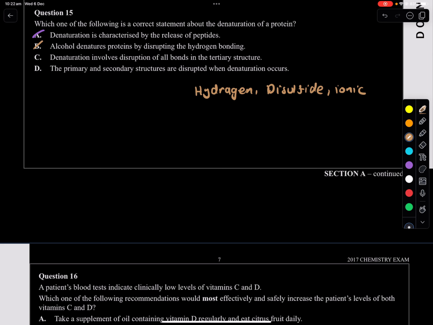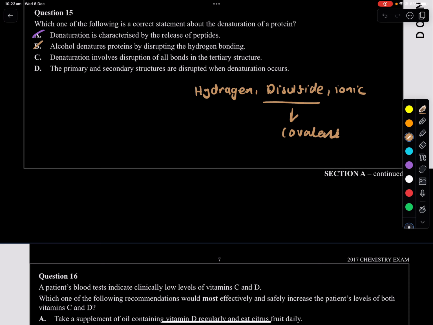Denaturation does pretty much destroy the hydrogen bonding. But disulfide bonds it doesn't actually affect. Remember, disulfide bonds are covalent. And covalent bonds are intramolecular, so that's very important.